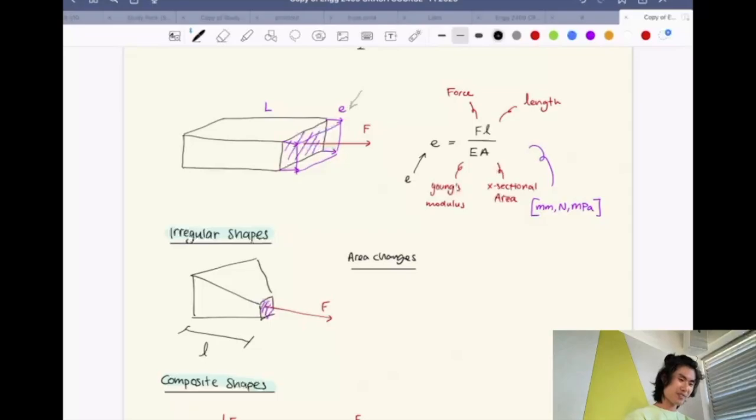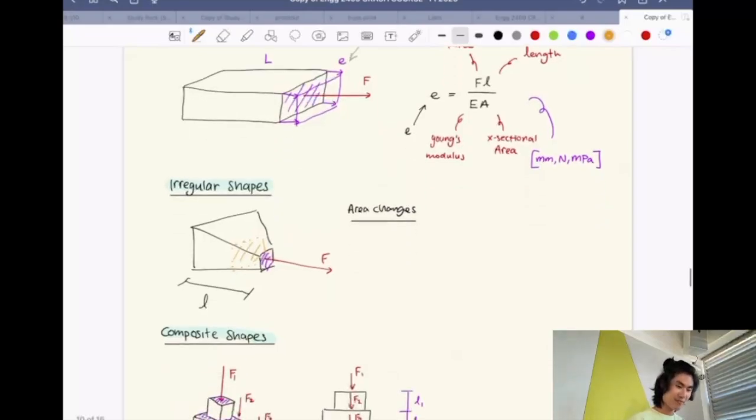So what will change is these cross sections are different, as was mentioned. That means that the stress is changing, right? If area is changing, that means the stress is changing.